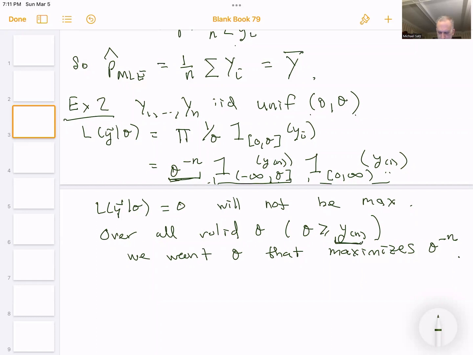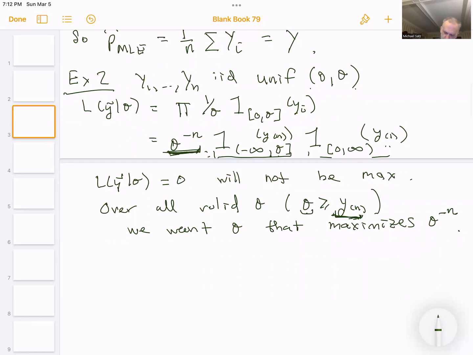Otherwise, you couldn't have gotten this max one. But we don't want it any bigger than this, because as you can see, it could be bigger. But if I'm trying to find the theta that maximizes the likelihood, then I want to pick it right at yn. Why? Because theta to the minus n is a decreasing function. So it only makes the overall likelihood smaller if I pick a number bigger than the max of the sample. So I want to pick it right at the max of the sample.